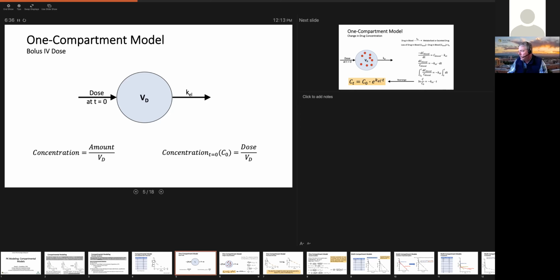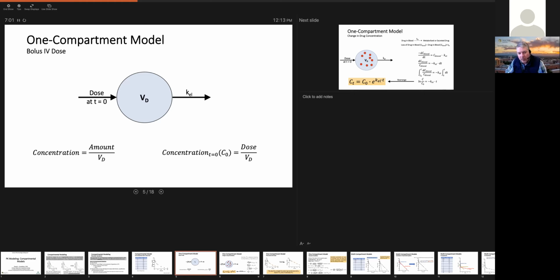It just means that functionally it looks like that. So anytime you take drug in the blood and other tissues, it instantaneously equilibrates, and so you really can't see any difference in those. And so it functionally acts as a single component, or what we call a one compartmental model.